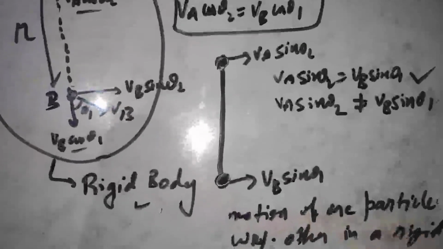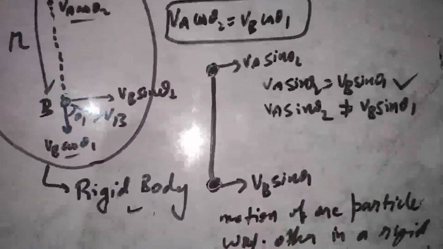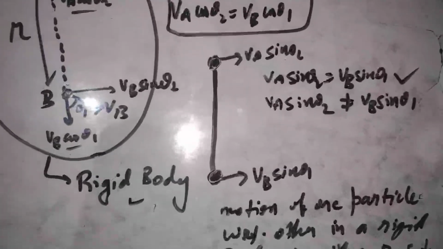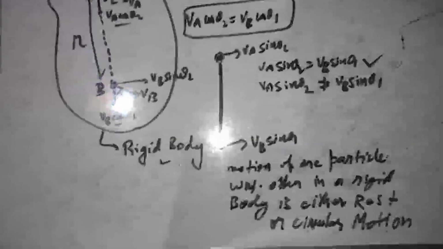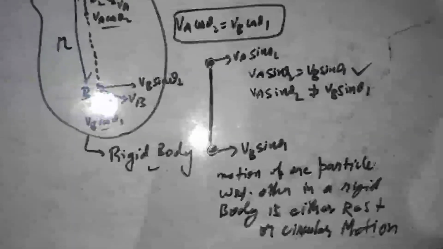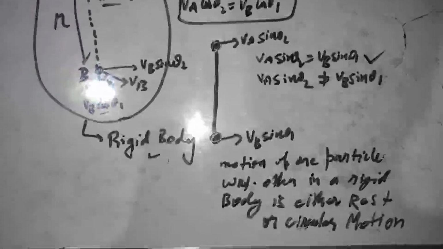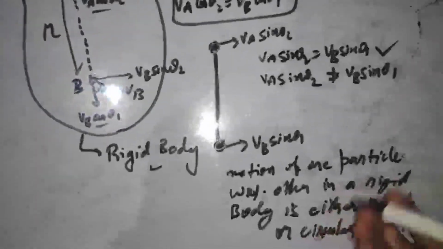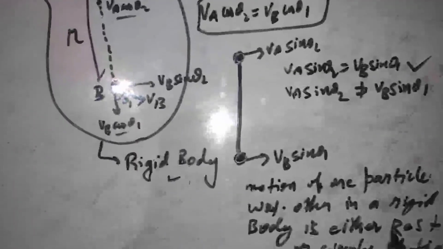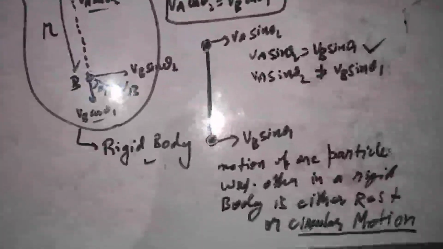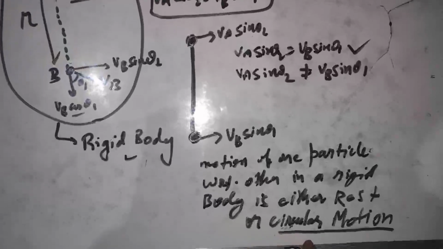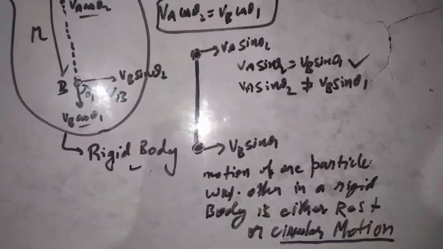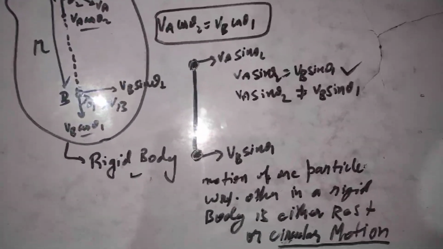So the motion of one particle with respect to another in a rigid body is either rest or circular motion. This is again a very important line in rigid body dynamics. Now let's derive some of the equations. Every particle with respect to another in a rigid body moves in a circular motion or remains at rest. We will use this to prove some of the formulas that are very essential in rigid body dynamics. So let's go there.